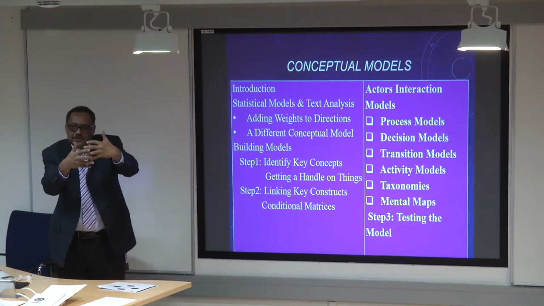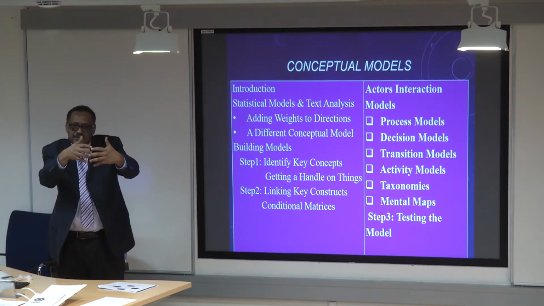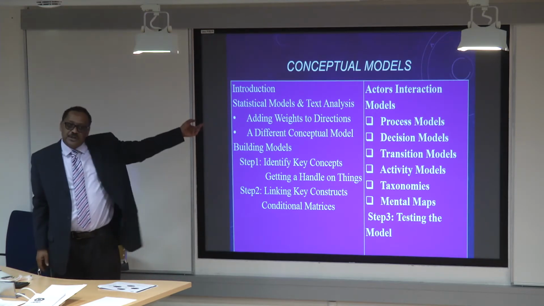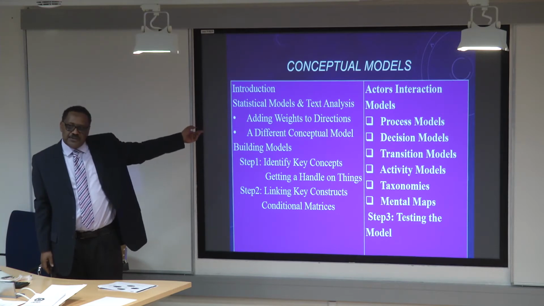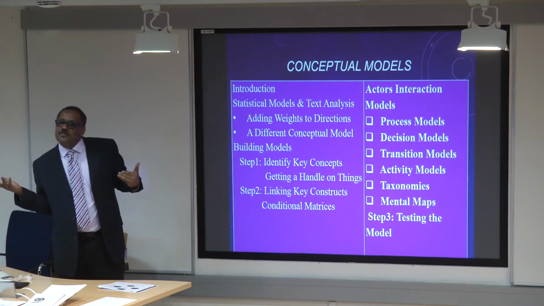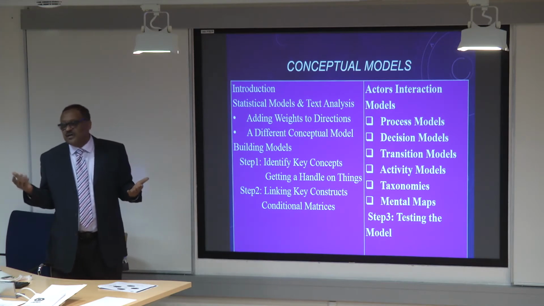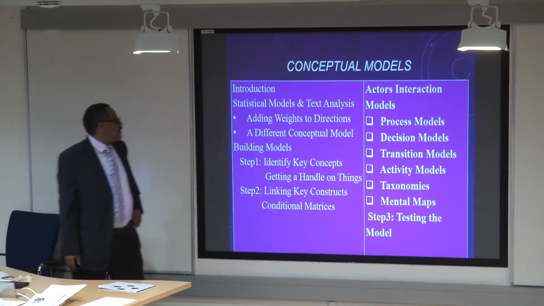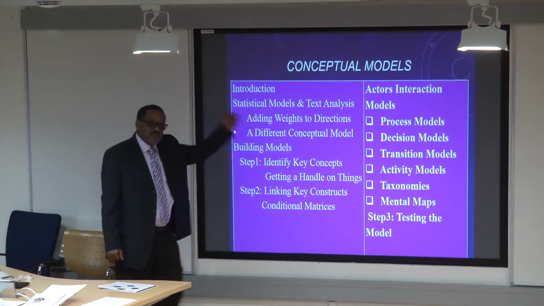Sometimes you try to fit those very close themes to other things and you are linking. And the conditional matrices. You remember the conditional matrices? It belongs to what? Emotion? Is it behavior? So, actor interaction models and always process models.